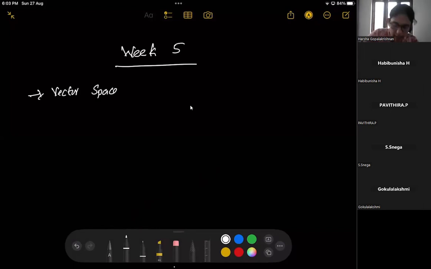We have seen what a vector space V is, with the operations vector addition and scalar multiplication over a field F. There are some conditions to be satisfied for V to be a vector space. Next we studied subspace, a subspace of a vector space.